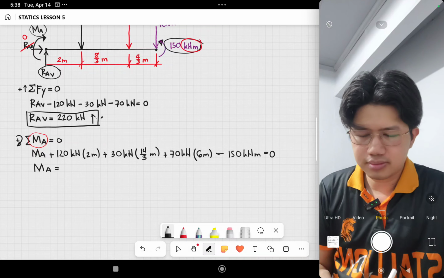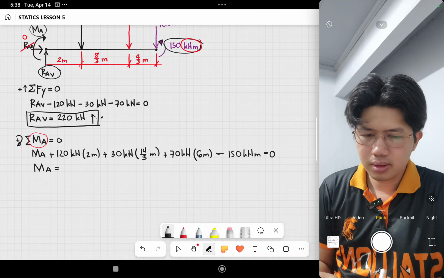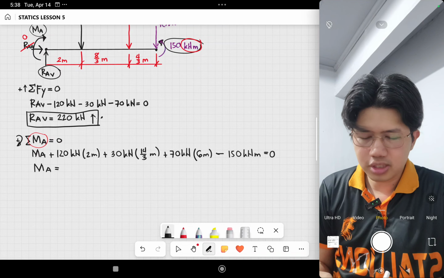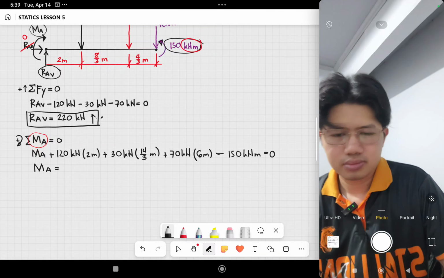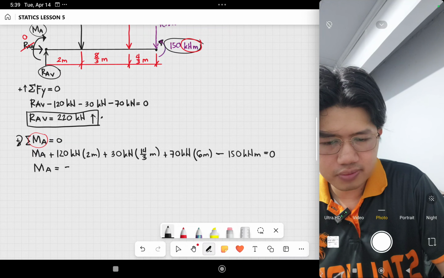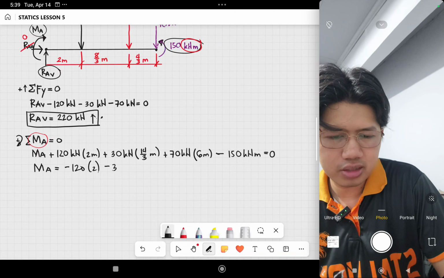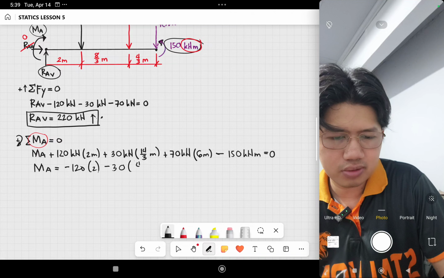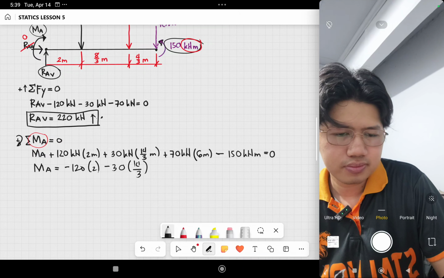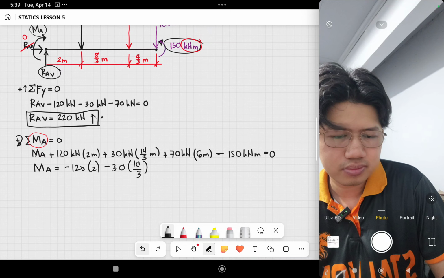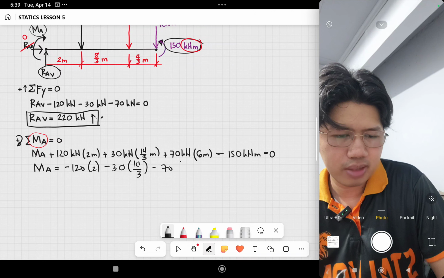So let's transpose everything. So it is magiging negative 120 times 2. Magiging negative 30 times 14 over 3. So it's magiging negative 70 times 6.